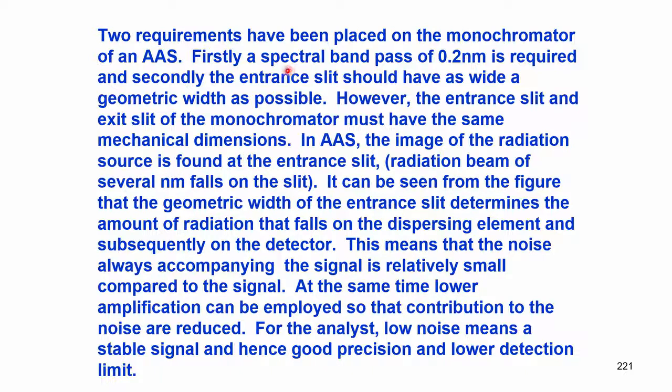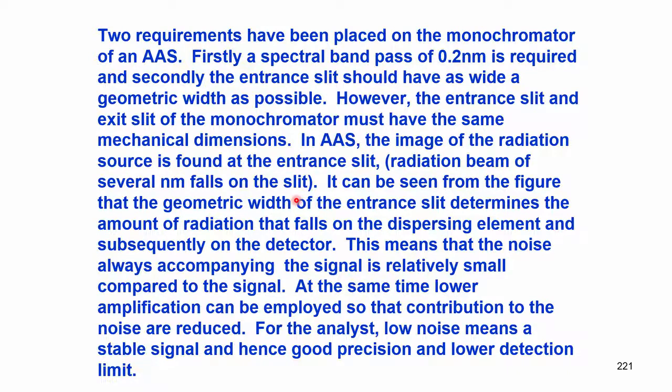So, in atomic absorption, the image of the radiation source is found at the entrance slit. It can be seen from the figure I am going to show you now, that the geometric width of the entrance slit determines the amount of radiation that falls on the dispersing element, that is a grating, and subsequently on to the detector.